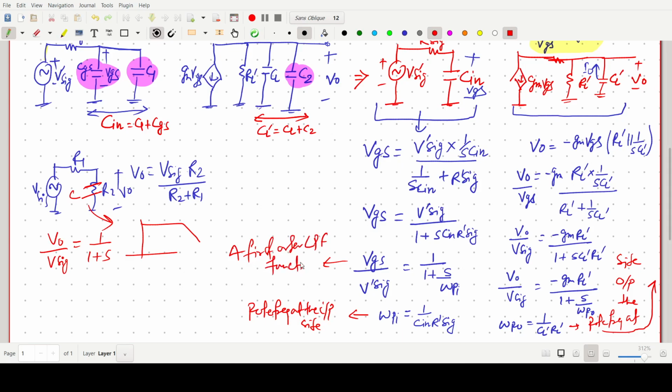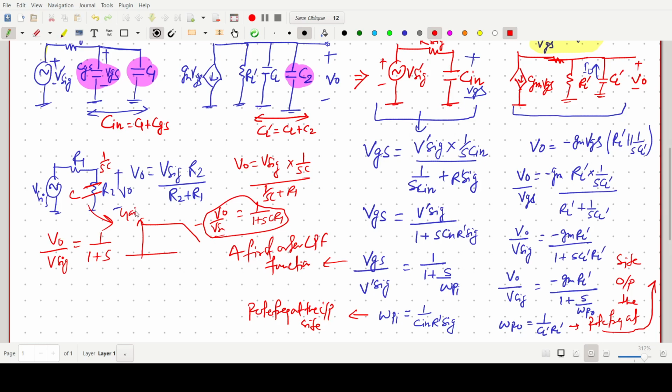Suppose this one is C, so the corresponding capacitor impedance is 1 by SC. So V naught can be written as V signal into 1 by SC by 1 by SC plus R1. So V naught by V signal, with SC cancelling, is 1 by 1 plus SC R1. This is nothing but our low pass filter function.